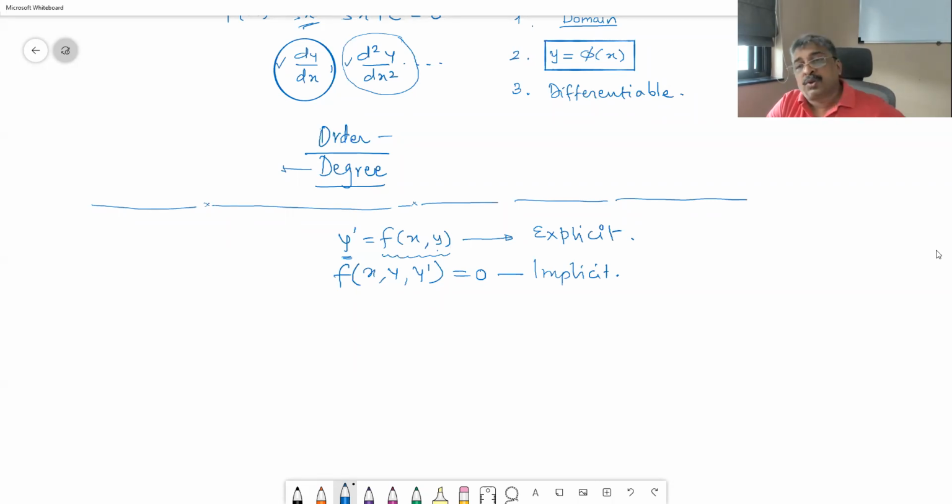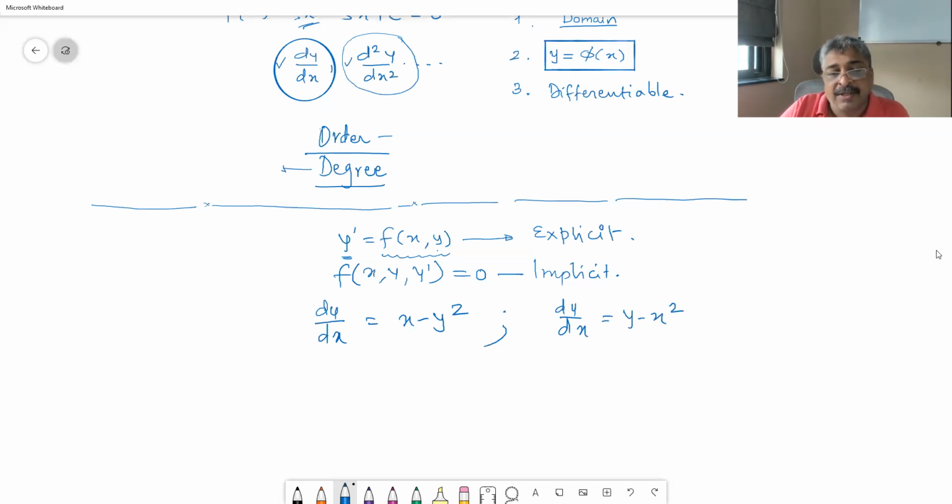So finally, it is all about having differential. For example, how will a differential equation look like? Simplistic, maybe dy by dx is equal to x minus y square. This is explicit type of example. dy by dx is equal to y minus x square, something like that.